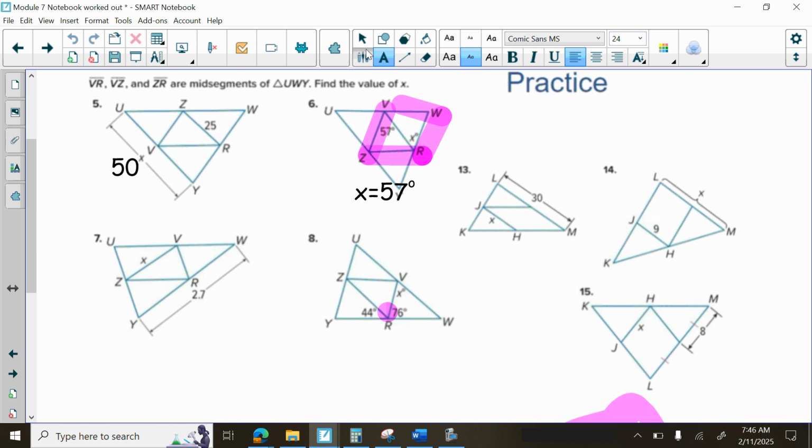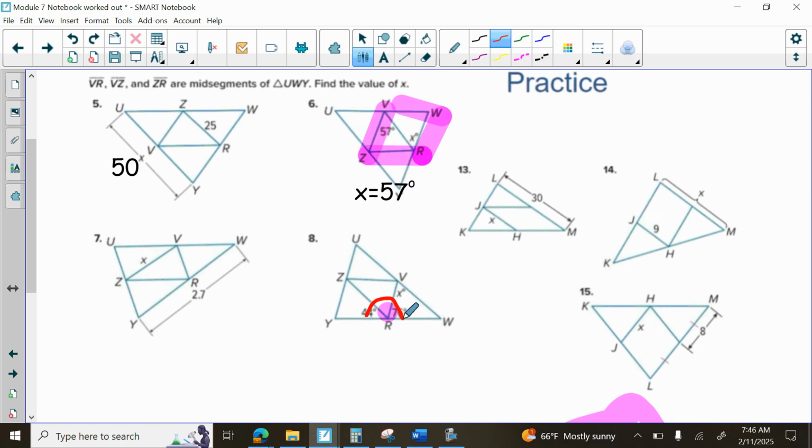So if I were to add all three of these angles together, what would they equal? 180, because they're all on a straight line, right? So if the other two are 44 and 76, how could I figure out what that missing angle is?